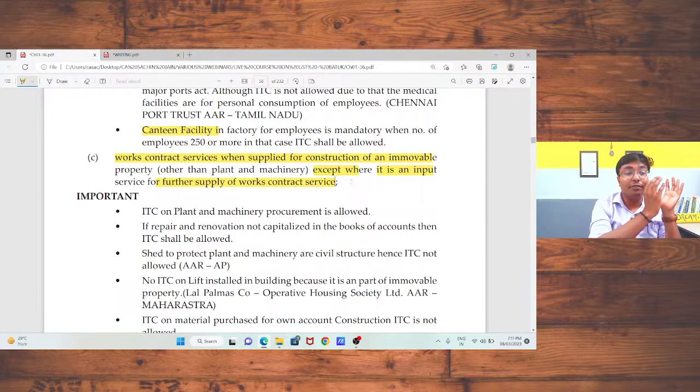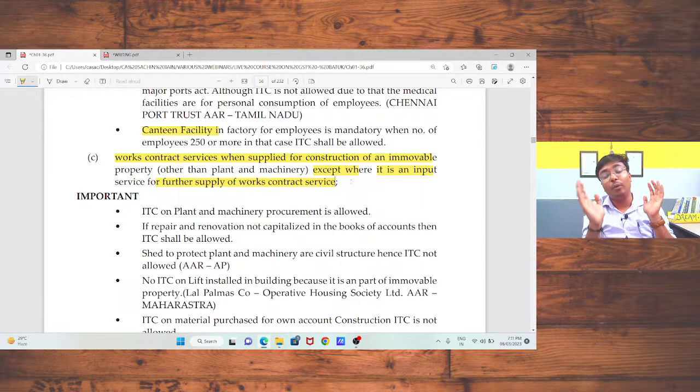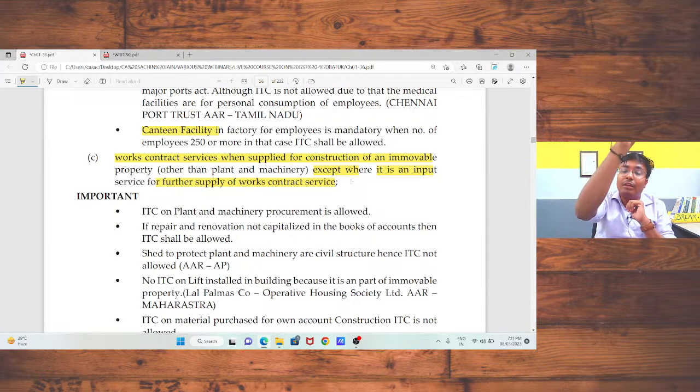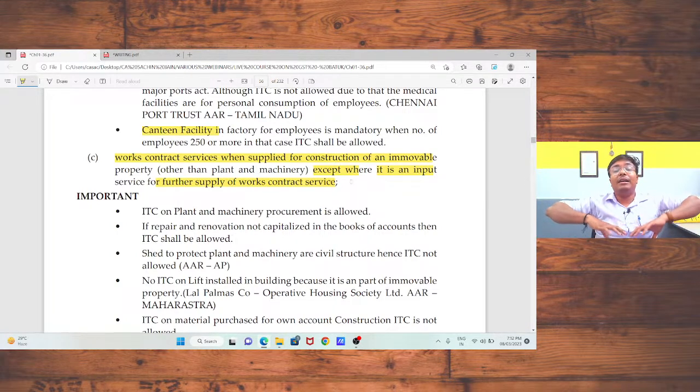In that case, if that contractor is going to provide me the works contract services for constructing my building, and for that construction the contractor buys certain things, the input tax credit on those goods or services taken by that works contractor is allowed to him, because he is doing the further supply of those goods or services. But if I am going to construct my building on my own account, in that case I am not eligible to take the input tax credit.